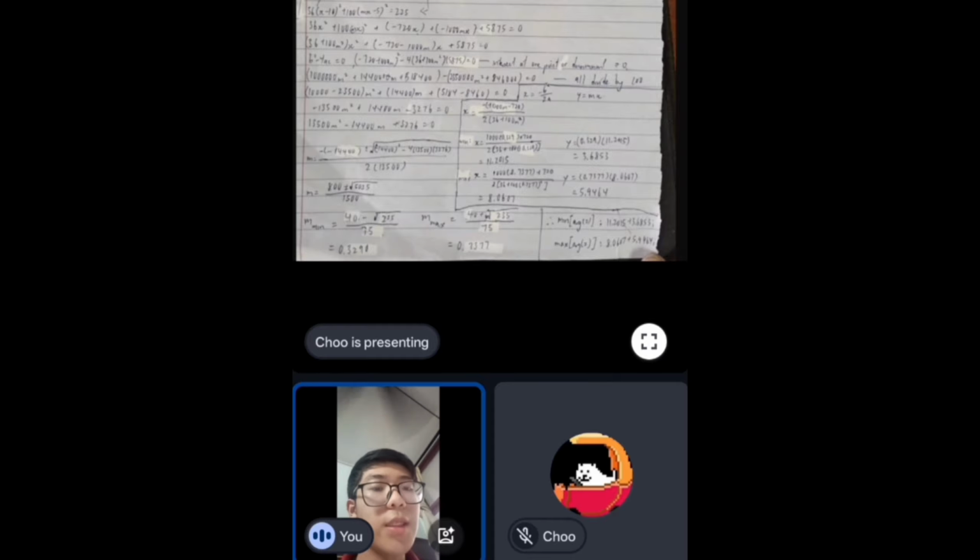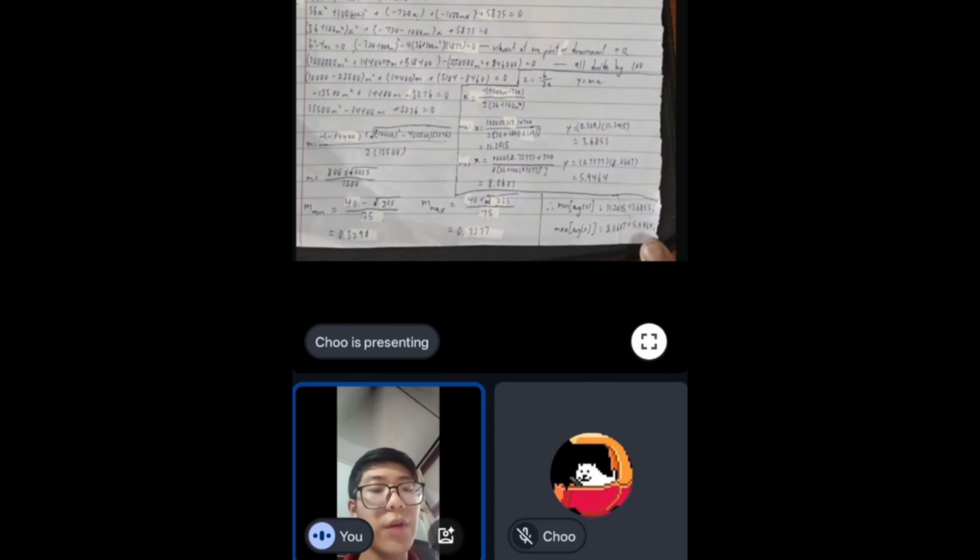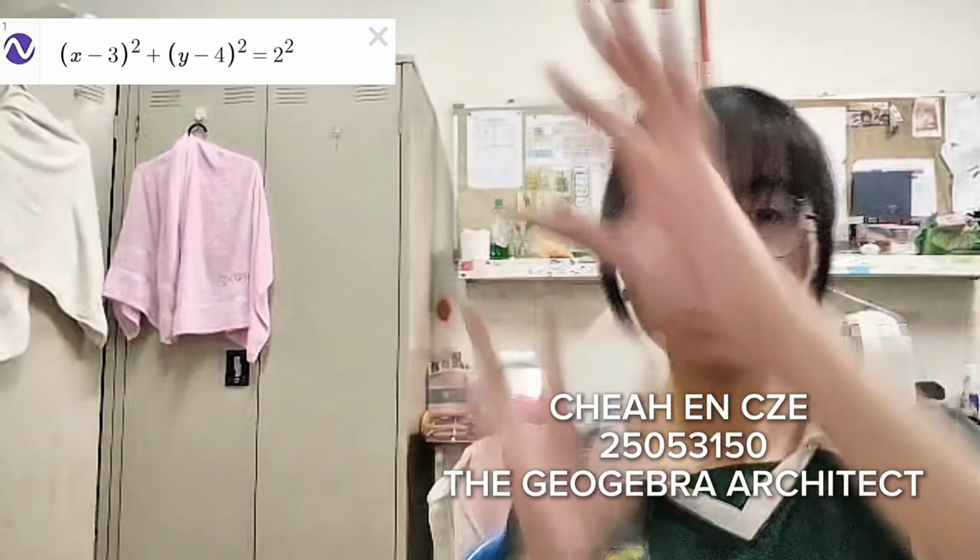Using this, we will get 2 results because it's a quadratic: 2 roots, one for minimum and one for maximum. Now that we have both, we can substitute into the original formula and find x using negative b over 2a, and then use x to find y. Then we find the complex values that suit this equation for the minimum and maximum argument of this ellipse.